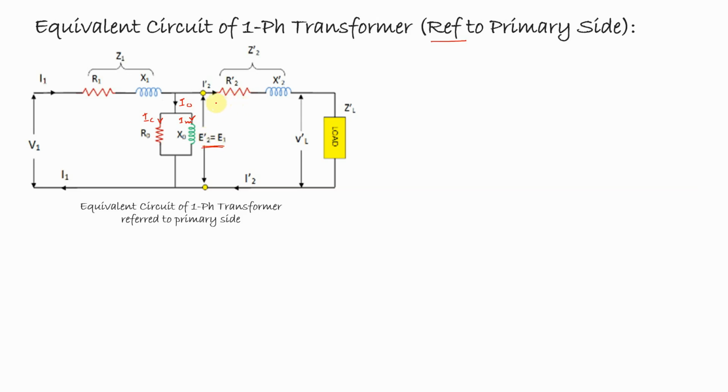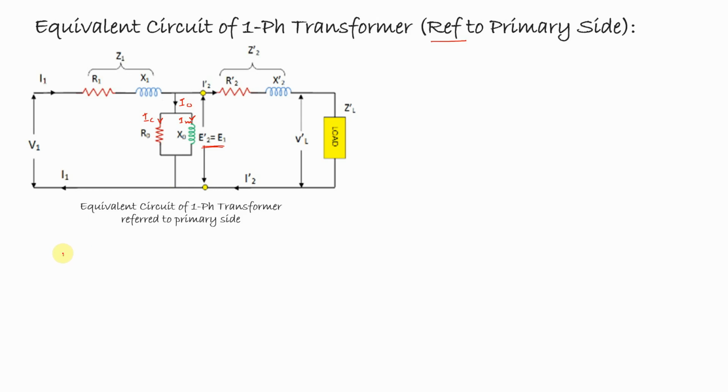Now, the current that is flowing in the secondary side, that means to the load, is considered as I2 dash. The resistance of the secondary winding, when it is transferred to the primary, is represented by R2 dash, and the reactance is represented by X2 dash.